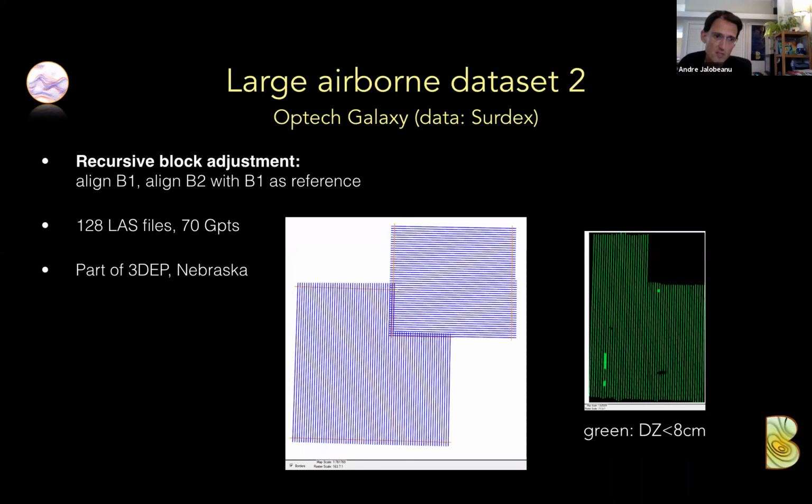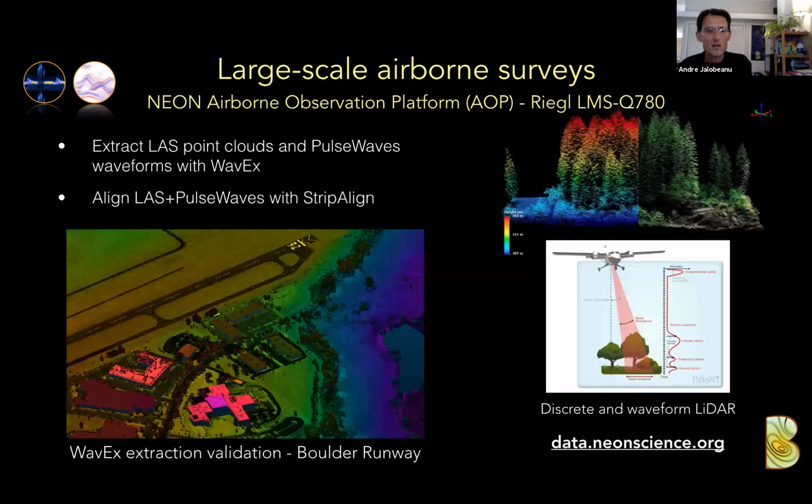So that's one of the major features of the software. So you can do it incrementally rather than reprocess the whole data set every time you add a few new flight lines. So still in the topic of large-scale airborne surveys, NEON has been using both software, WavEx and StripAlign, for a year now for processing to get better results, so better waveforms and also better products and attributes.